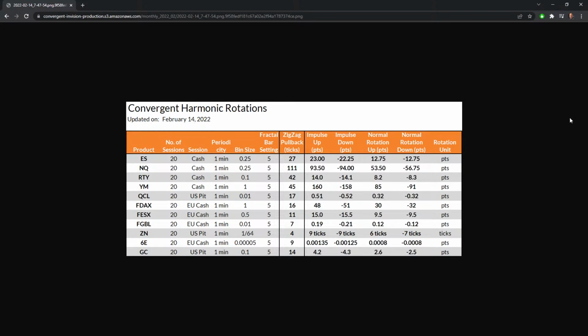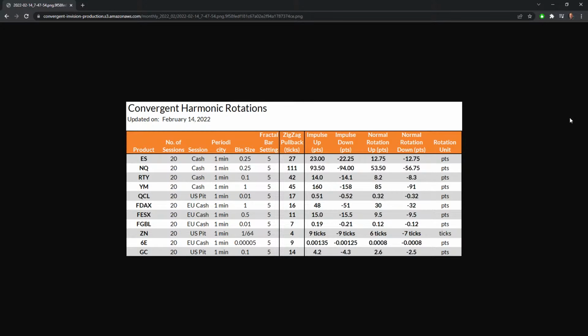This is simply saying that statistically speaking, and I don't want to get too much into standard deviations and sigmas and bell curves, about 70% of the data set occurs inside of plus or minus 12.75 points.